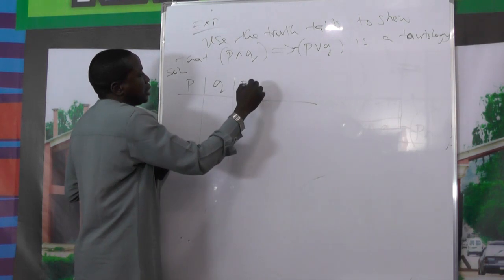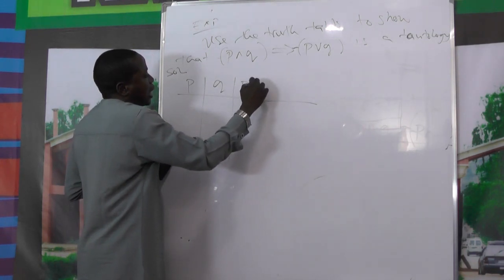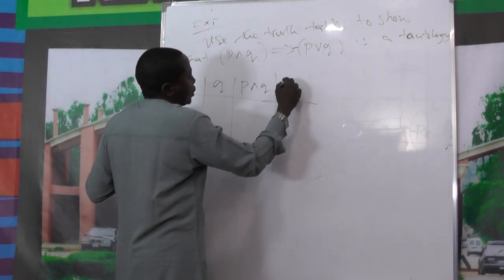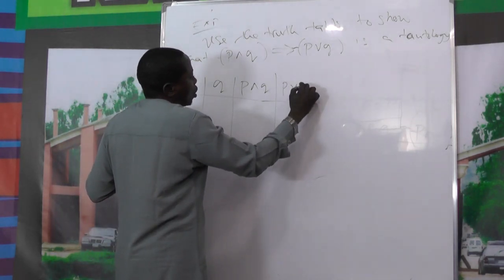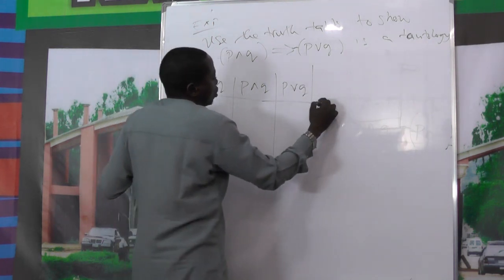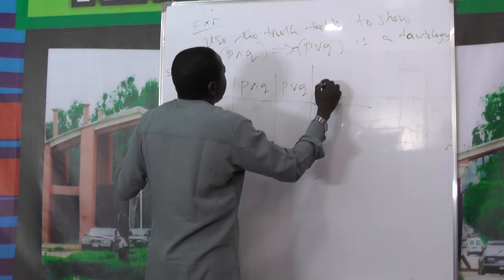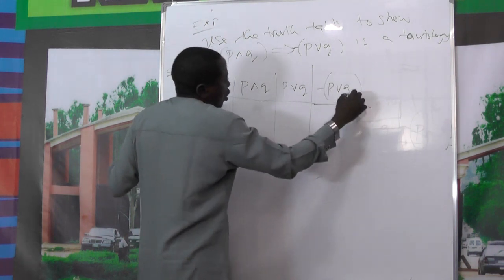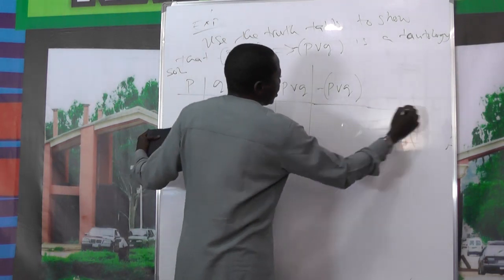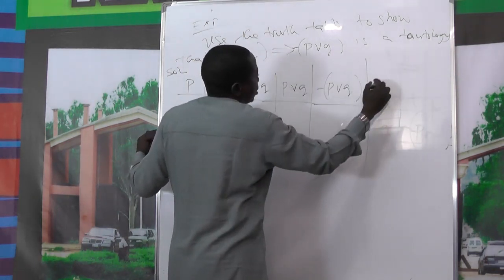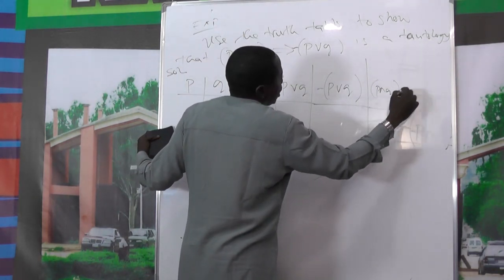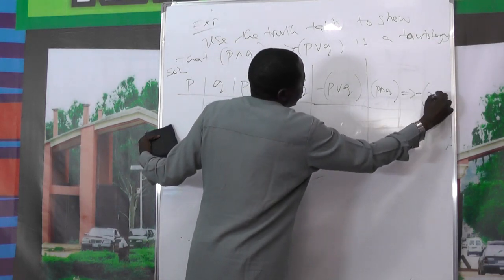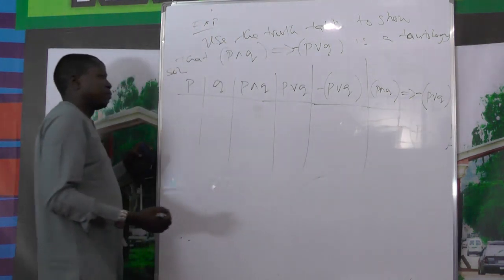We can see P and Q. You can also see P or Q. We can also have the negation of P or Q. And lastly, you can have everything: P and Q implies negation of P or Q.